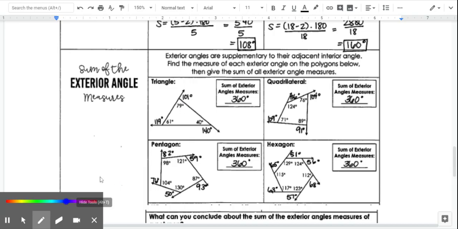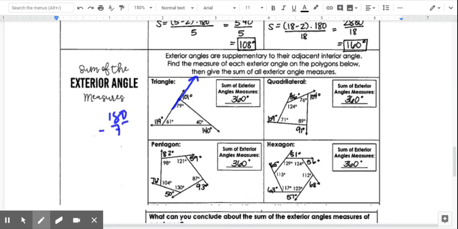So in a triangle here, we have 79, 61, and 40. Right here, we make a linear pair with 79. If they're supplementary, you do 180 minus 79, and you get 101. So that's where this came from.